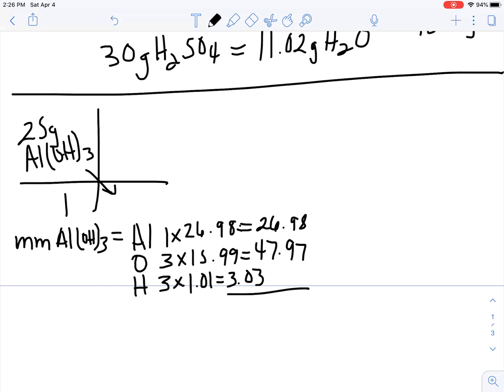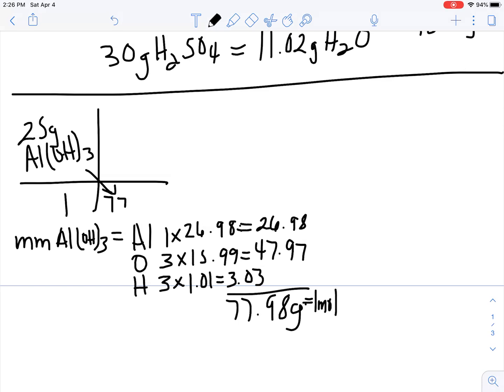Add those 3 up: 26.98 plus 47.97 plus 3.03 gives us 77.98 grams, and that will always equal 1 mole.